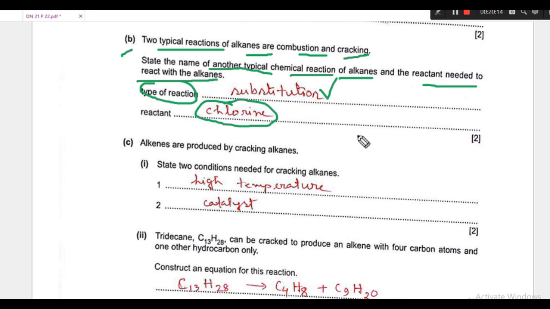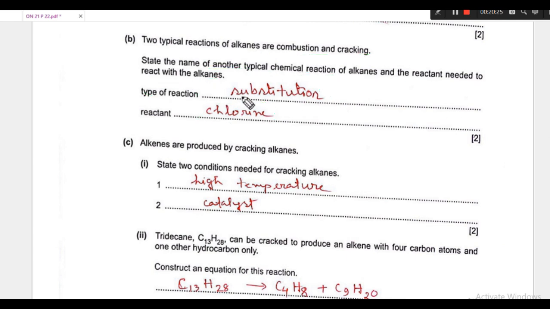Alkane reacts with chlorine in presence of UV light to form chloroalkane plus hydrogen chloride. This type of reaction is known as substitution reaction. Reactant is chlorine.